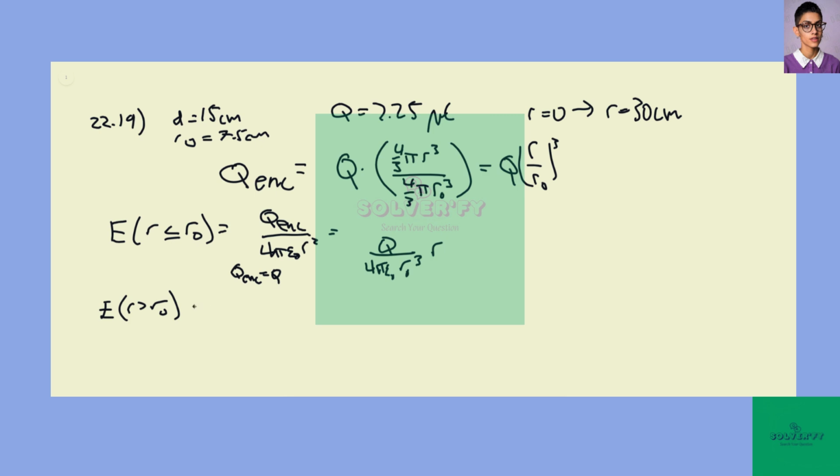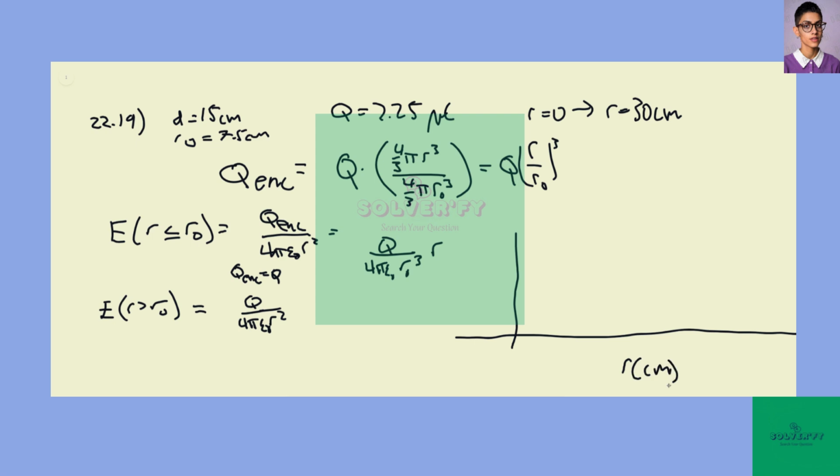It's a constant because the whole charge is enclosed outside of the sphere. So this then becomes just q over 4 pi epsilon naught r squared. Cool. So now we know what the electric field looks like inside and out, and we now want to plot this. So let's go ahead and write this out.